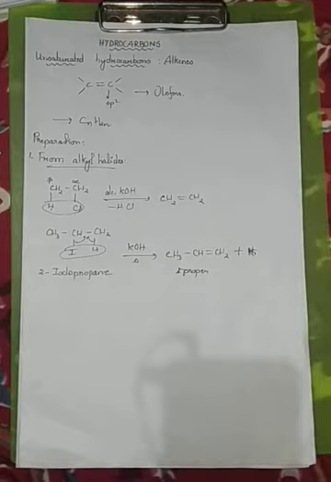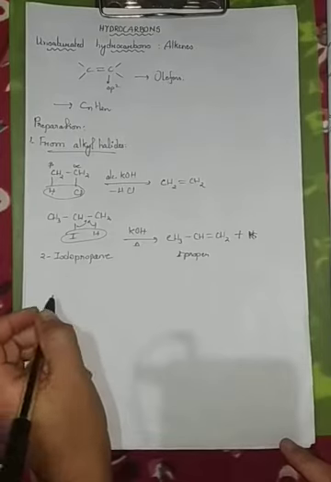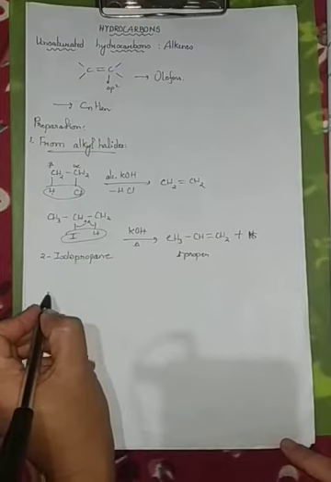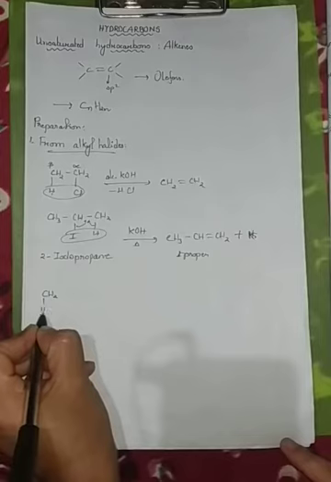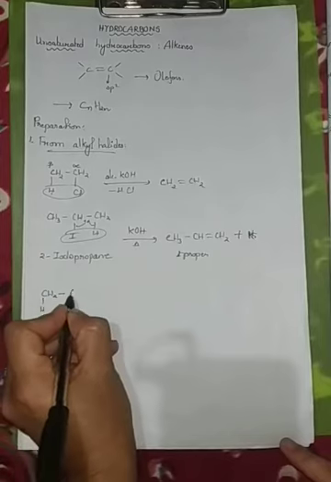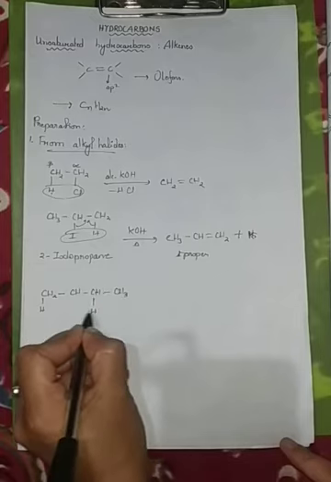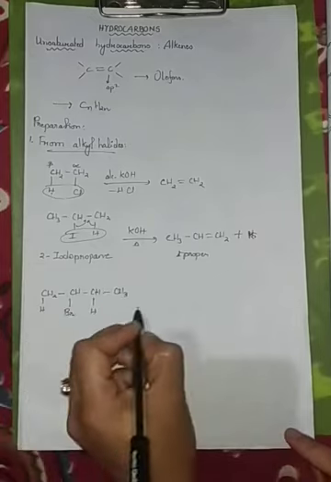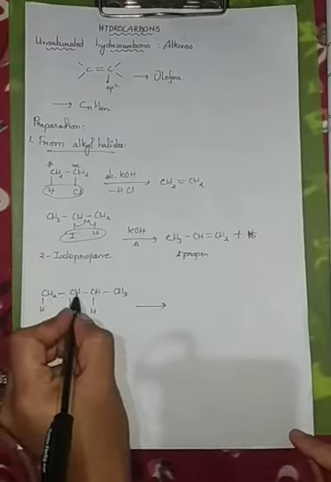Now, one important thing to be kept in mind is that there is a condition for this step. Let's do another example. CH3CH2CHBrCH3.